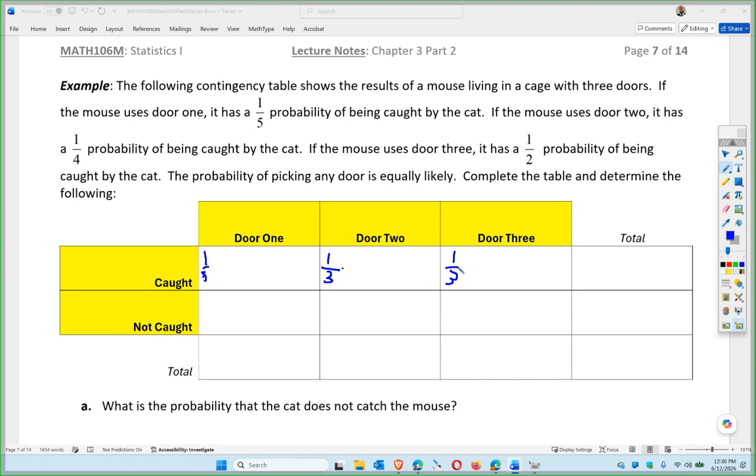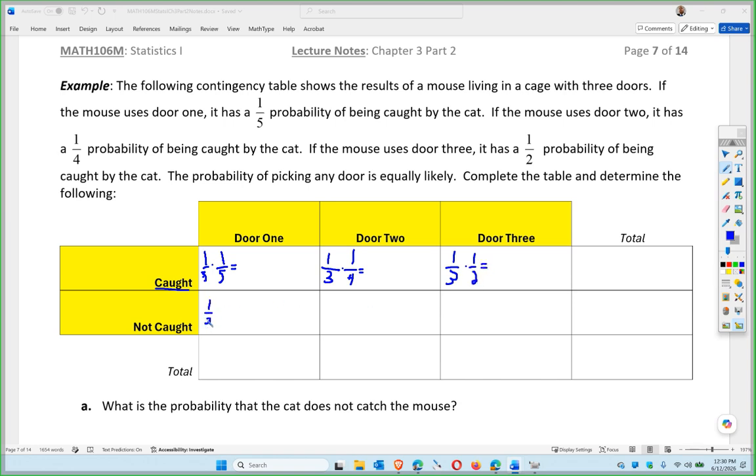Right? So the probability of catching, or the mouse was caught, depending on your context of present or past tense, or future, is 1/5, 1/4, and 1/2, correct? And likewise, it's 1/3.